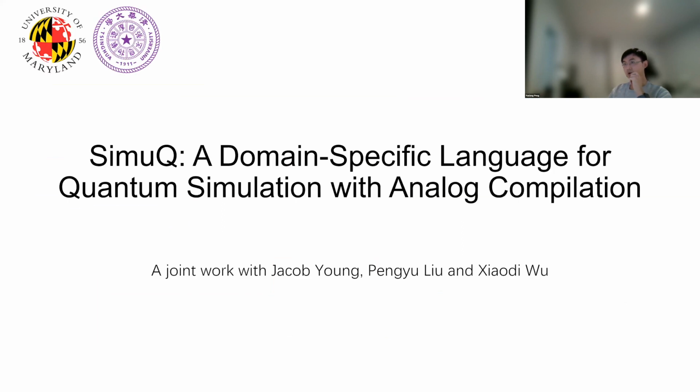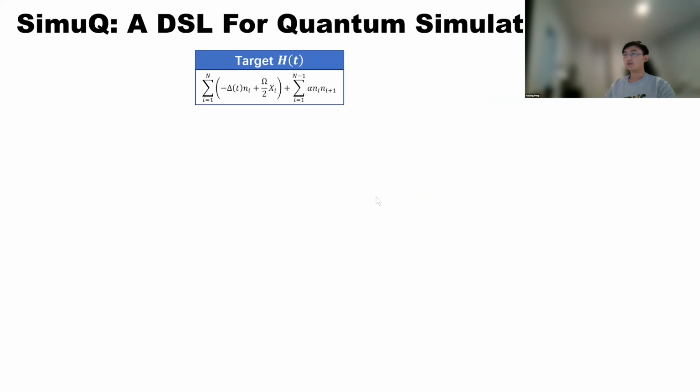So we start with the first tool, which is SimuQ, a domain-specific language for quantum simulation with analog compilation. This is joint work with Jake Yang, Pengyu Liu, and Xiaodi Wu. The starting point of SimuQ is the target Hamiltonian H_T we would like to simulate.